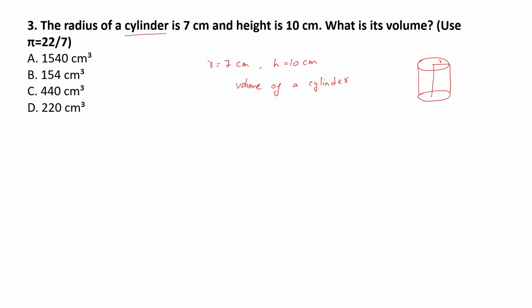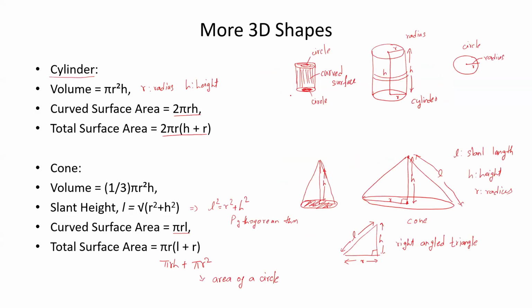You just have to apply the formula. But for practice and by seeing it repeatedly, the shape will be clear in your mind. That is why I will be drawing the shapes for you. The volume of a cylinder, this formula you have to go and check. So let's see. Volume of a cylinder is pi r square h.